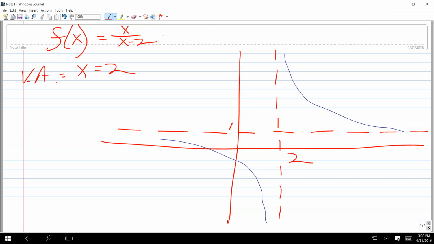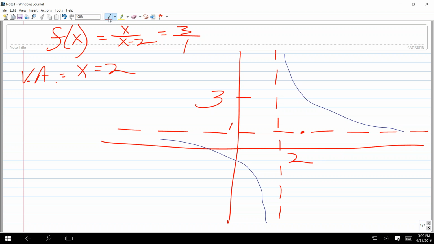So when you plug in 3, what do you get? 3 over 1. So just 3. So when I plug in 3, I'm at that point right there, which would indicate that I've drawn it correctly. In other words, I'm indeed in the first and the third quadrant. Had I gotten a number less than 1, then I knew I would be down there like that. But I didn't. In other words, I now know that this is the correct graph.